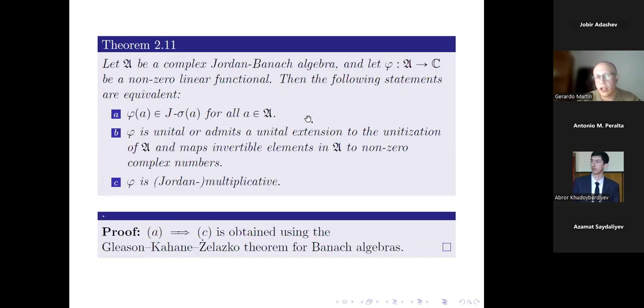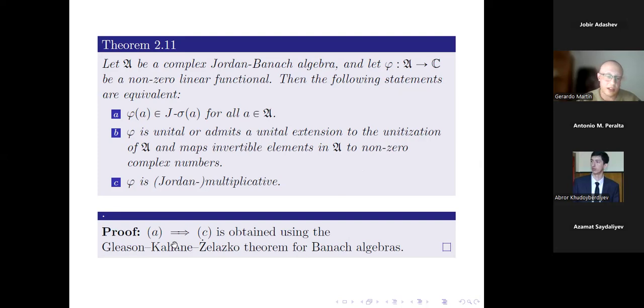When we consider a complex Jordan Banach algebra and a non-zero linear functional phi, then the following statements are equivalent: phi is Jordan spectral-valued, phi is Jordan multiplicative, or phi is unital or admits a unital extension to the unitization of A and maps invertible elements in A to non-zero complex numbers.